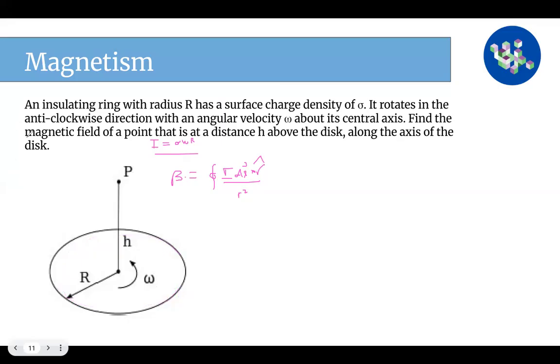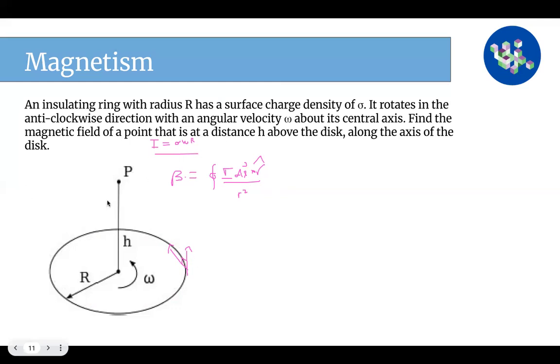So this will be my dl vector. My r hat will be pointing to P like that, and this is my right angle over here. Notice they're perpendicular. So if I do the cross product, the result will be a vector something like this.